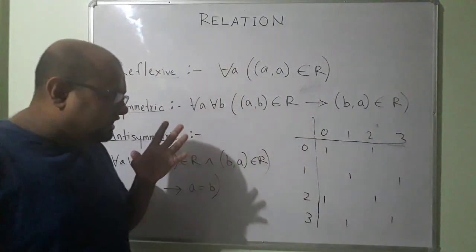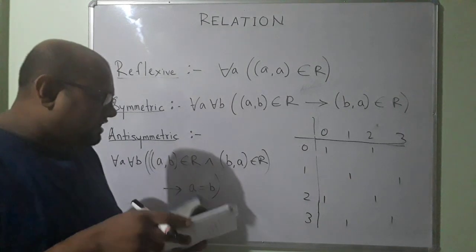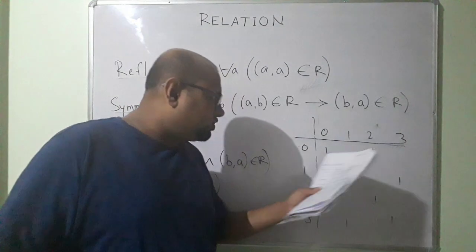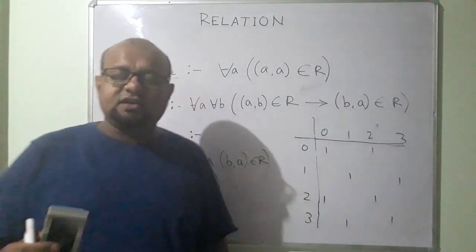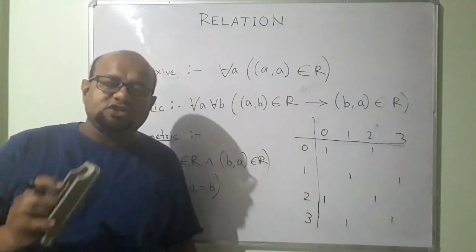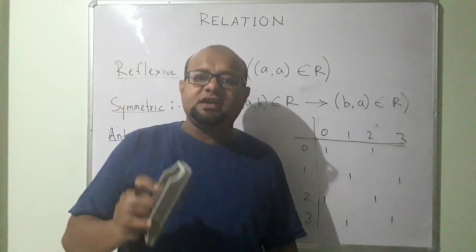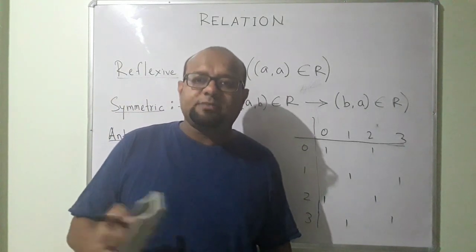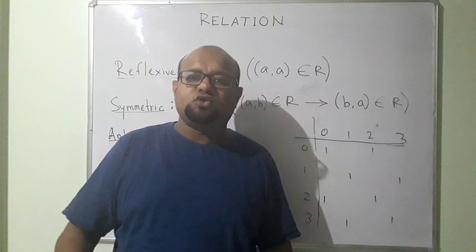Why? In antisymmetric, if (0, 1) is there, then (1, 0) cannot be there. If some (a, b) and (b, a) both of them are there, that means a is equal to b.